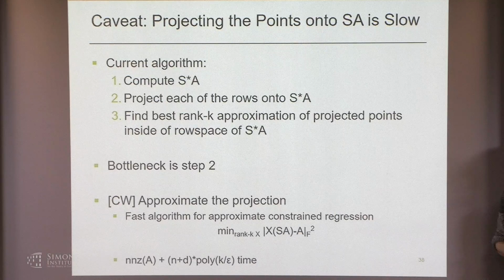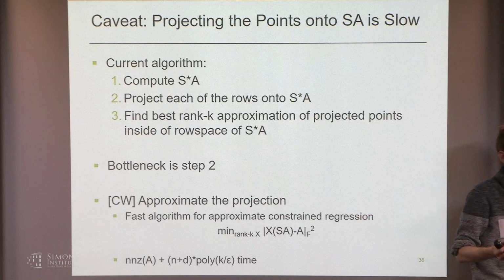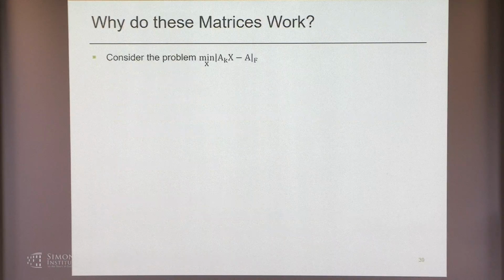The main dangling question here is, why even project the rows onto the row span of S times A? Why should that be any good? So here's a cute argument that reduces low-rank approximation to regression in a certain sense.